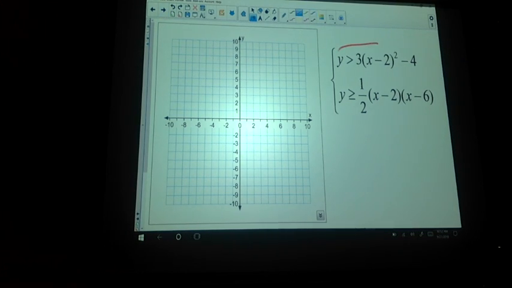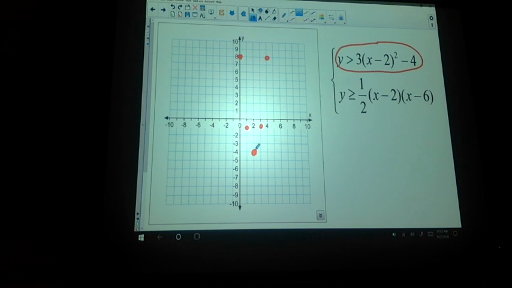All right, last one. This one's in vertex form, so I have a vertex at (2, -4). And I'm gonna go right one up 3, left one up 3, right one up 9, and left one up 9. Hey, look what we found.